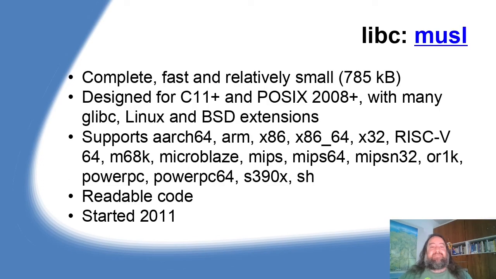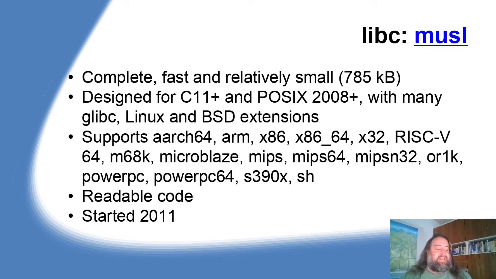One alternative is musl, which is also almost as complete, pretty fast, relatively small, so less than a fourth the size of glibc. It's designed with newer systems in mind. It supports pretty much all interesting processor targets. Its code is quite readable.